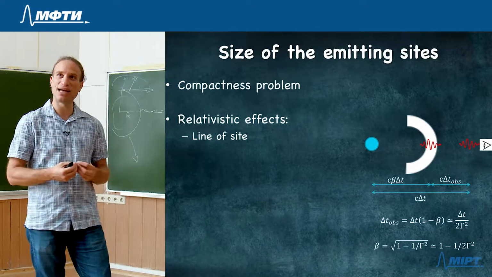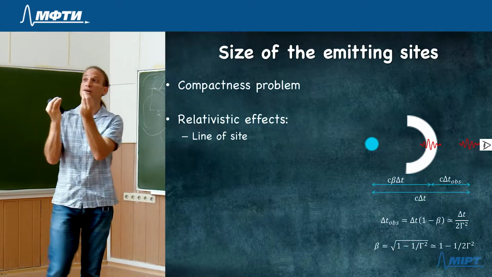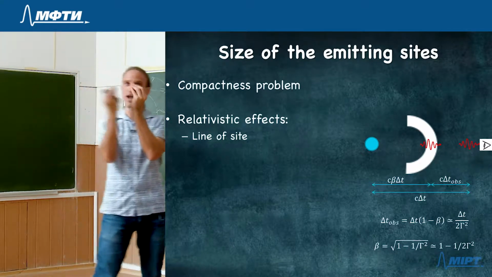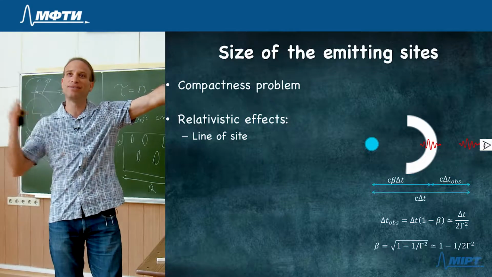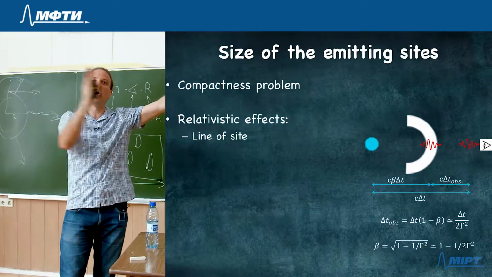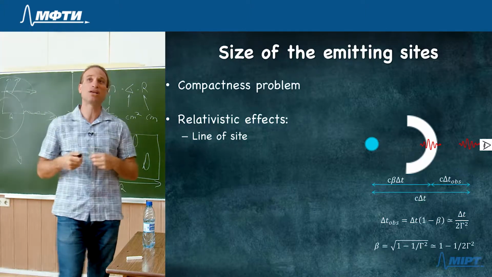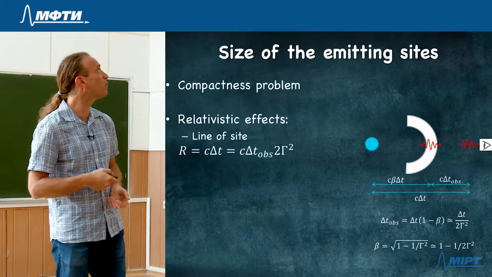Why? It means that the time between two pulses within the frame of the star is compressed by a factor of gamma square when I observe it from a distance, if the motion has a Lorentz factor of gamma. This is called relativistic time compression.